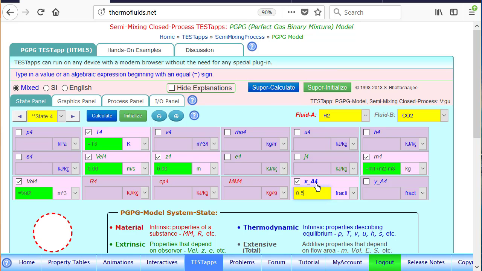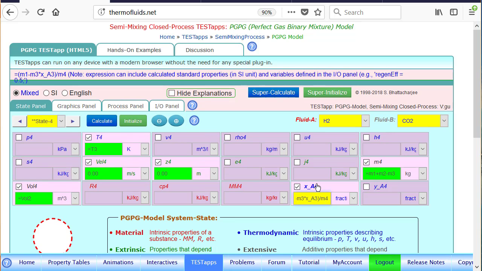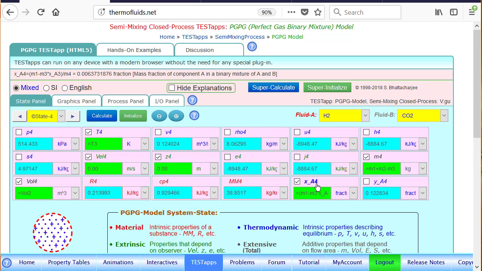The equation that we developed, let's just enter it here. It should equal M1 minus M3 times XA of state 3, in parentheses, divided by M4. That should evaluate the state.